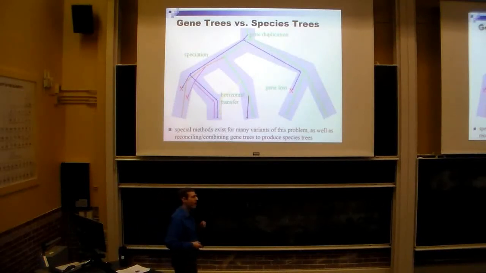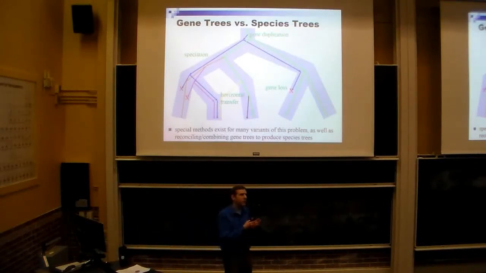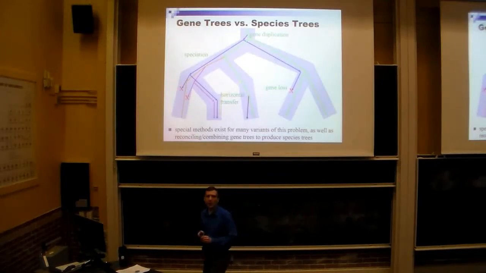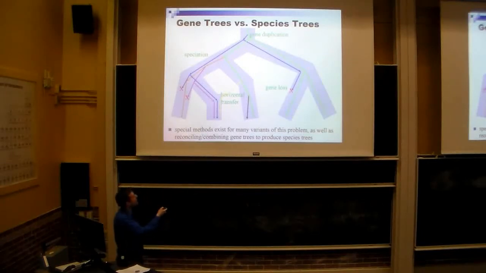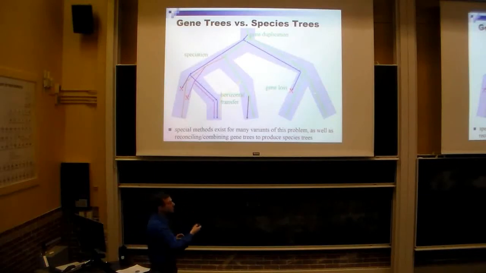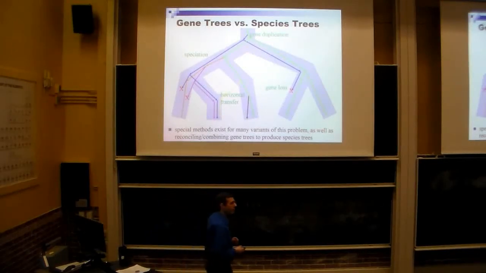We need to understand how a common ancestral gene might have been duplicated on the transition from human to mouse, or versions may have been gained, versions may have been lost. This illustrates how the species tree, represented by the thick gray edges, may have embedded within it a more complex process of evolution of particular families of genes to get to how the homologs of those genes are distributed in different modern organisms.